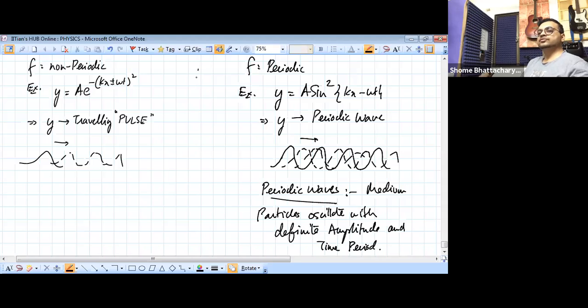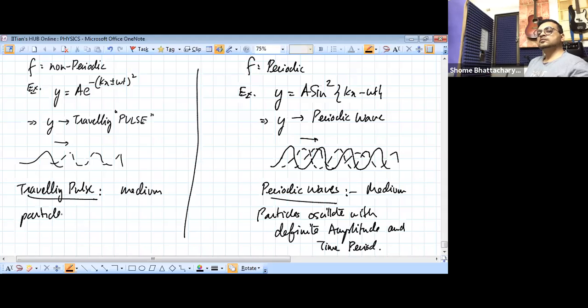Whereas in the case of a traveling pulse, the medium particles do not continuously oscillate.